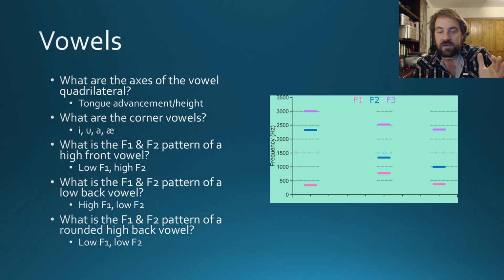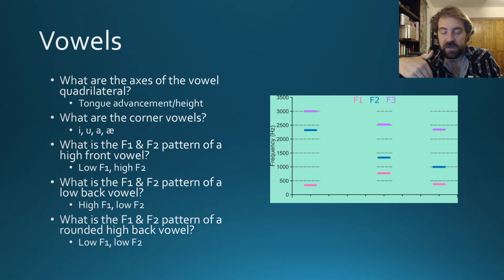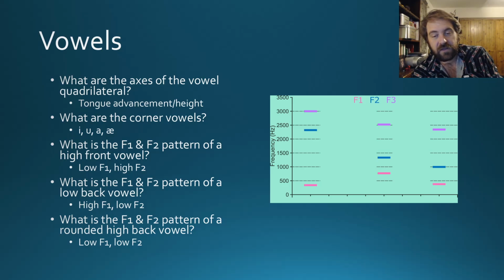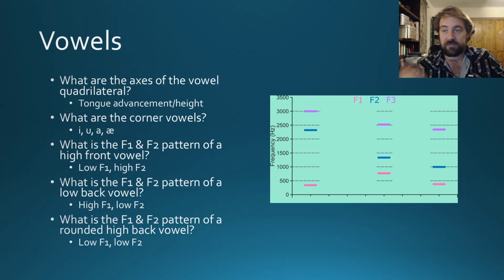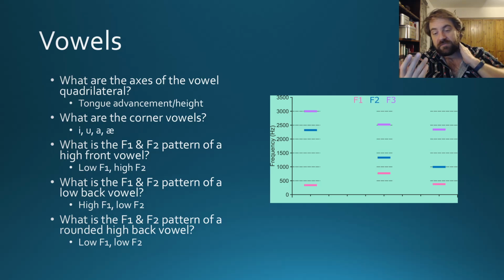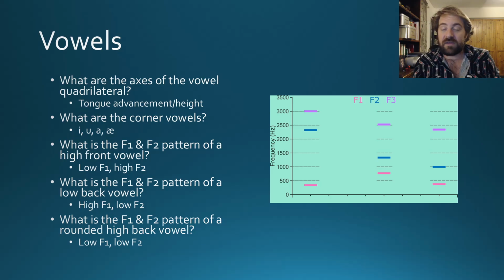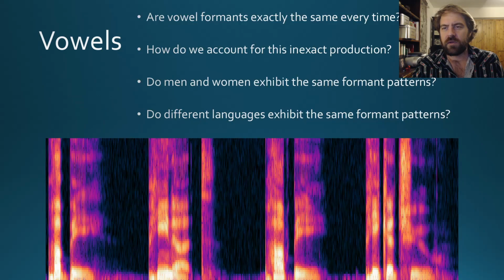But the F2 is absolutely the lowest for oo. It's also tanked. Now for E, which also has a low F1, it's got a very high F2. In fact, it has the highest F2 of any of them. And then ah is in the middle, looks not exactly like any of these because it's got a high first formant and a low second formant. So E, ah, and oo. Okay.